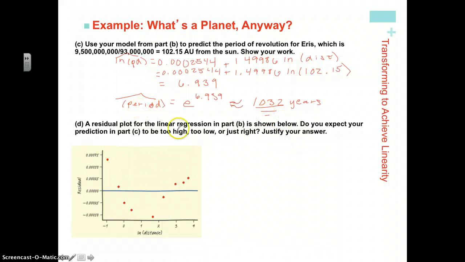A residual plot for the linear regression in part B is shown. Do you expect the prediction in part C to be too high, too low, or just right?